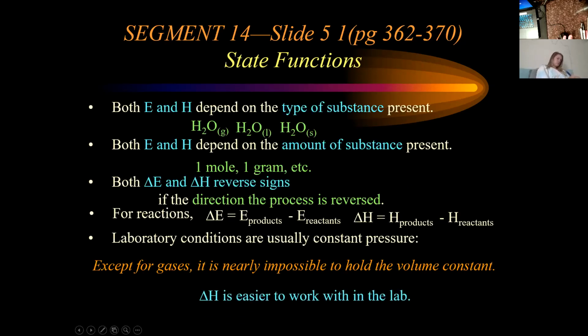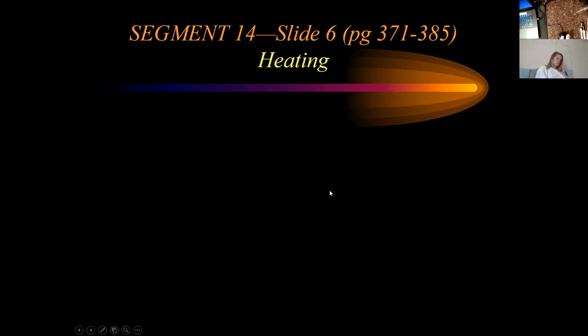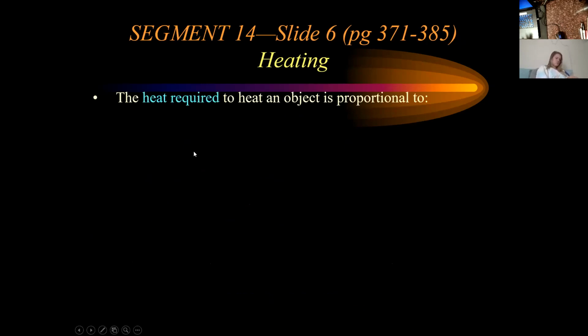So delta H is much easier to use than delta E. That's the better of the two functions. We know one, we can calculate the other one. Remember, delta H is delta E plus delta PV. I can measure delta H and calculate delta E, if I can't actually measure delta E easily in the lab.